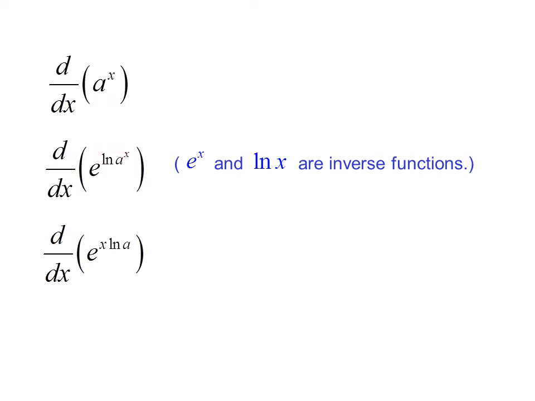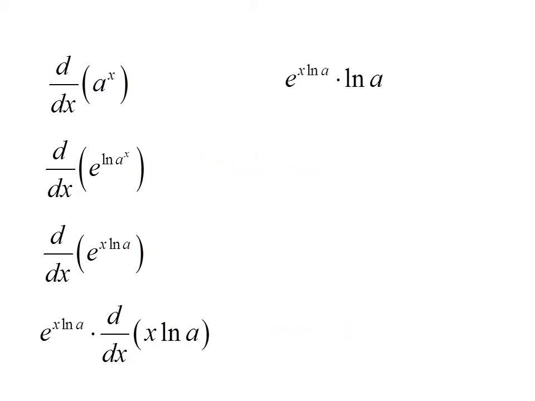And so we have d dx e to the x ln a. Using the chain rule, we have e to the x ln a times the derivative of x ln a. Because ln a is a constant, we get e to the x ln a times ln a.